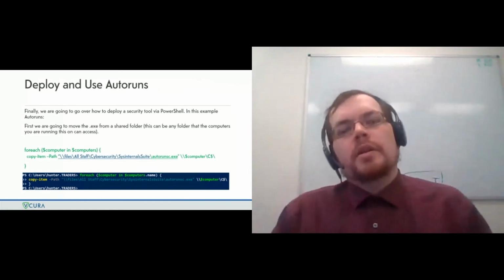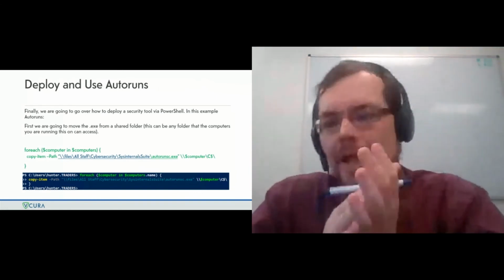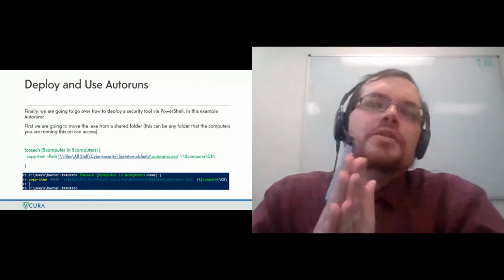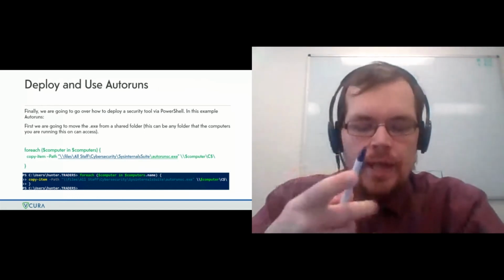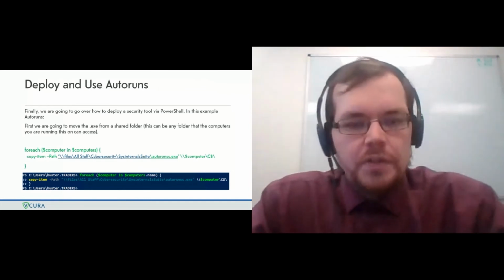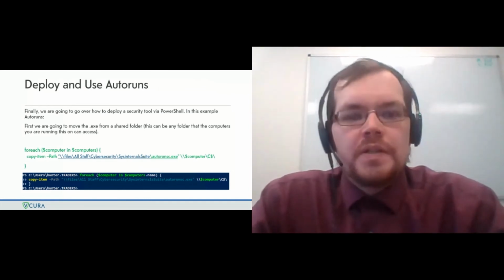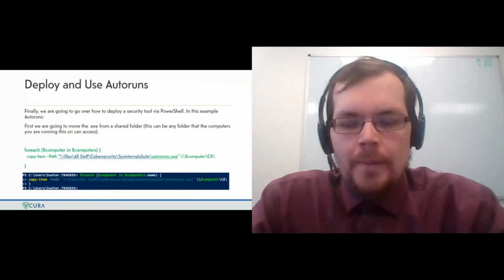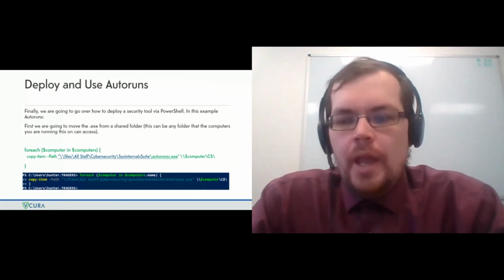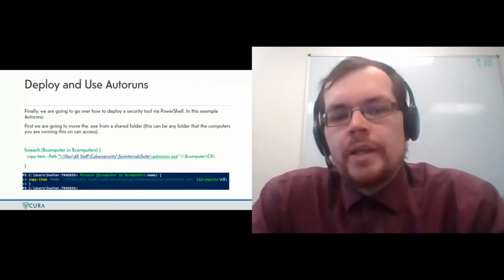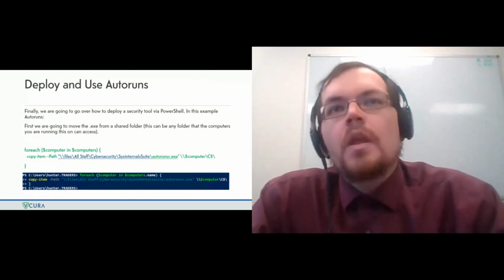For our final use case here that we'll have time for today, we are going to deploy and use Autoruns. Once again, Autoruns is a part of the Sysinternals suite, and what it does is it looks through all of the places where you can configure a program or an application to start automatically when a device is booted.